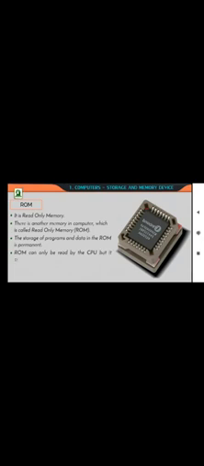There is another memory in the computer which is called read-only memory, that is ROM. The storage of programs and data in the ROM is permanent. ROM can only be read by the CPU, but it cannot be changed. ROM does not erase its contents when the power is switched off.